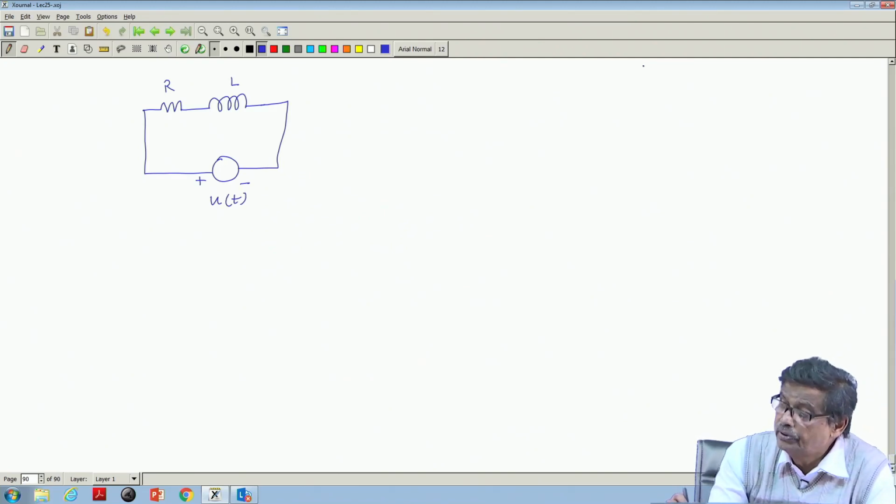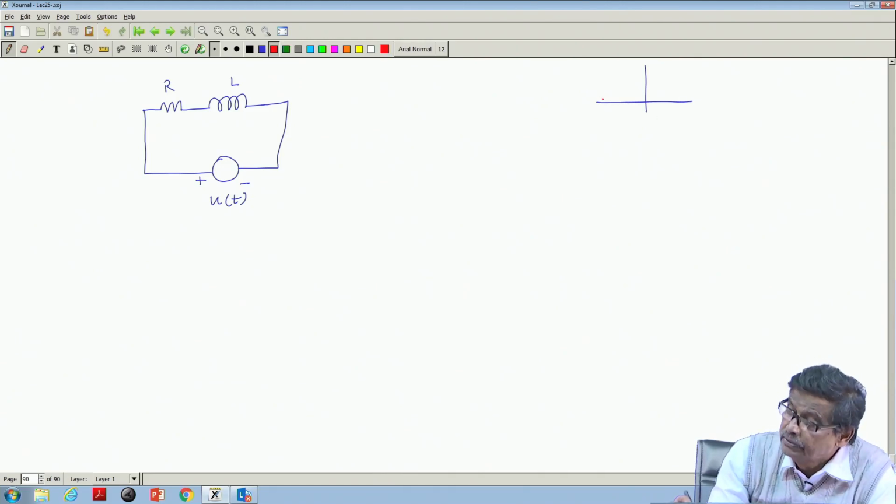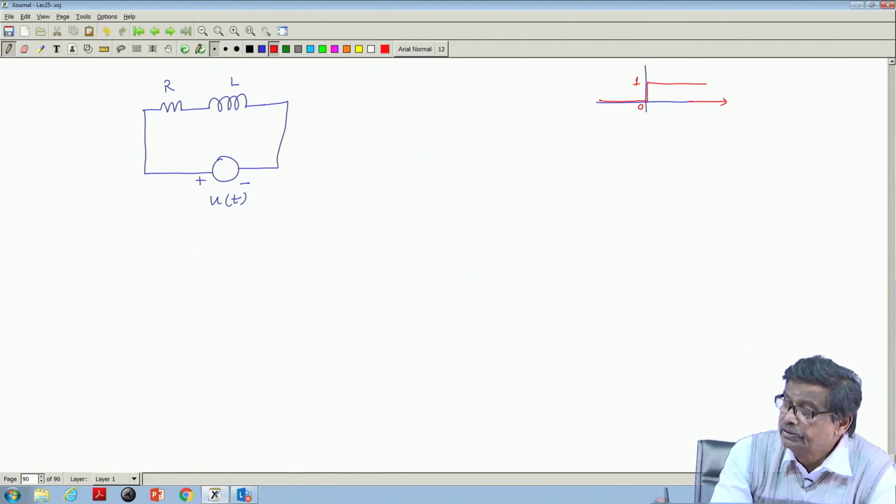What is the nature of the voltage? As you know, it was 0 all along up to t equal to 0, then there is a step jump of 1. So, you are applying a DC voltage across the network from t equal to 0, is not?